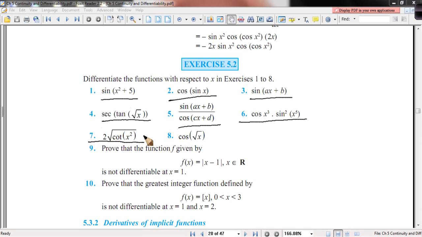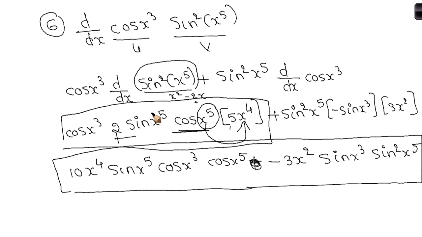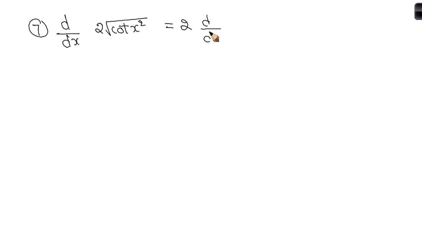Seventh question is: find the derivative of 2 times root of cot of x square. So this derivative would be 2 times the derivative of root of cot x square.